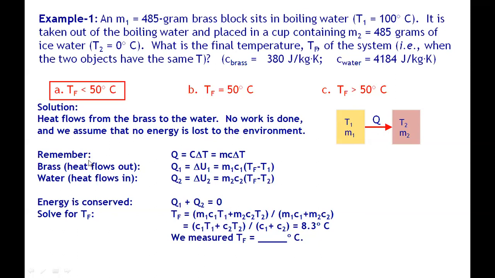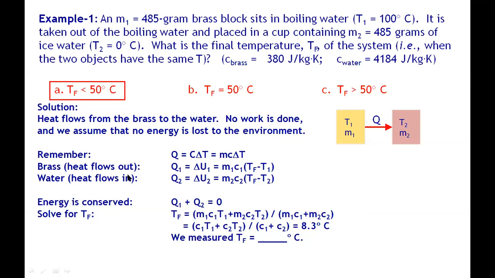And we have to remember that Q equals C multiplied by delta T, and C equals M C delta T. Q1, so the brass heat flows out: Q1 equals delta U1 equals M1 C1 times (T final minus T1), and for the water, heat flows in: Q2 equals delta U2 equals M2 times C2 times (T final minus T2).